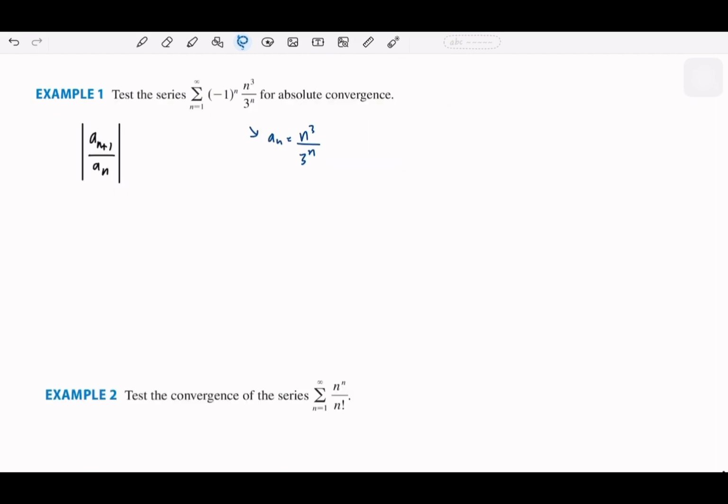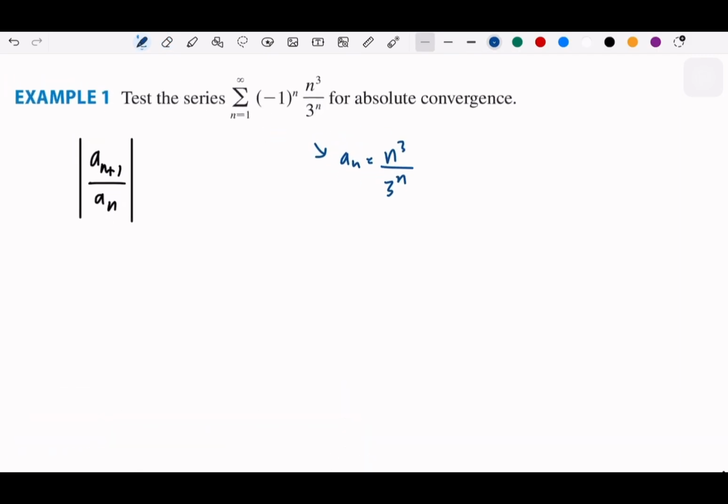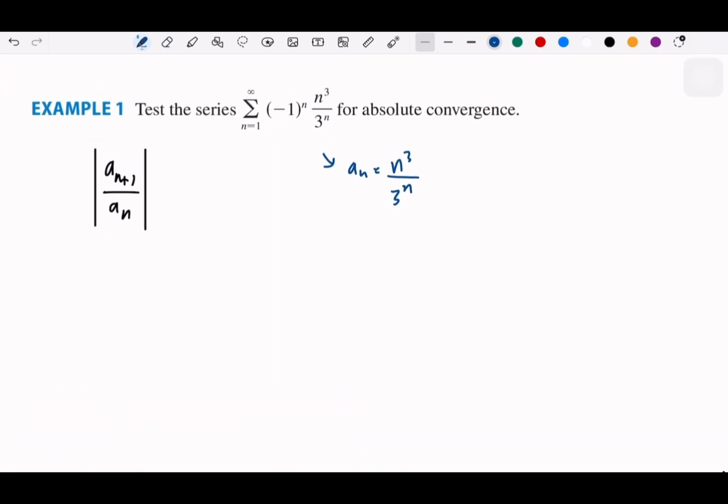Okay, let's continue. So I think this ratio test is quite important, and this can also be done for the next subtopic, which is the power series. We are going to see how the ratio test works, and basically what you need is a little bit of algebra for solving the ratio.